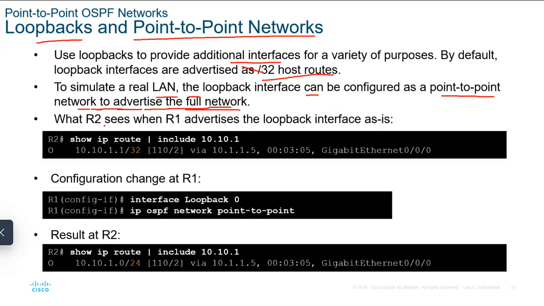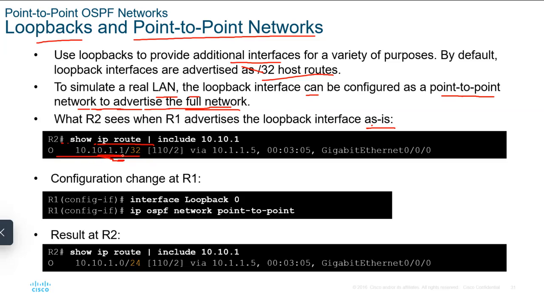So what router 2 says when router 1 advertises the loopback interface is shown on router 2. This route, as you can see, you see this one here, this router 2, but you are seeing this as a network, which is 1.1.1.1/32.